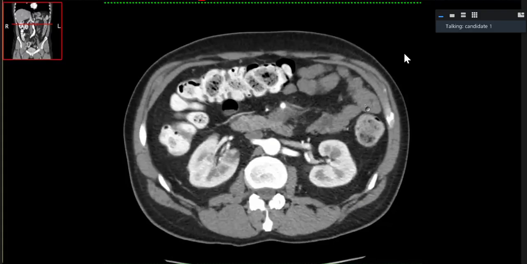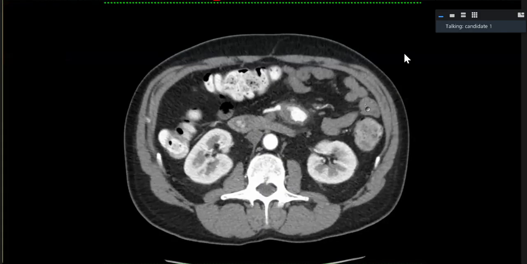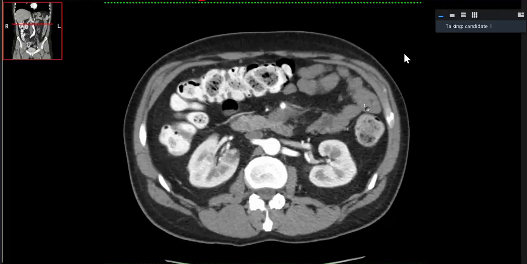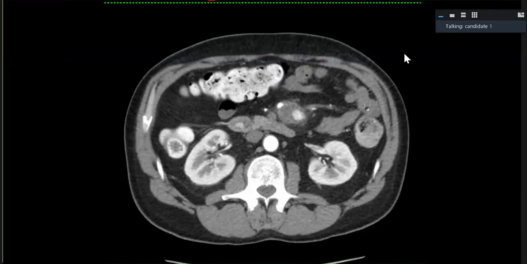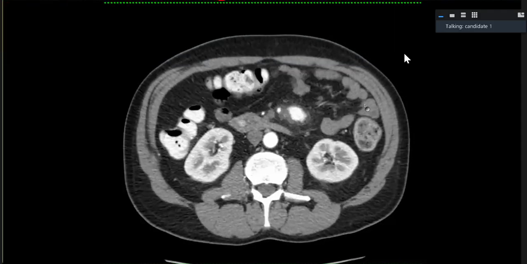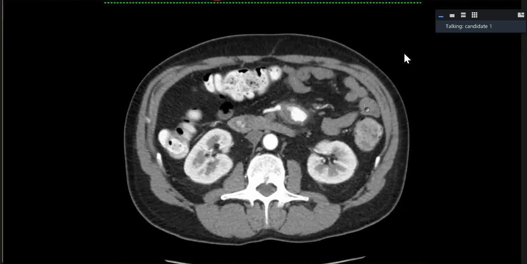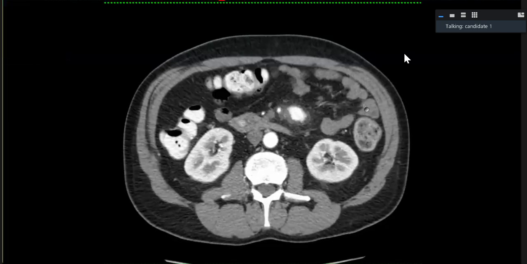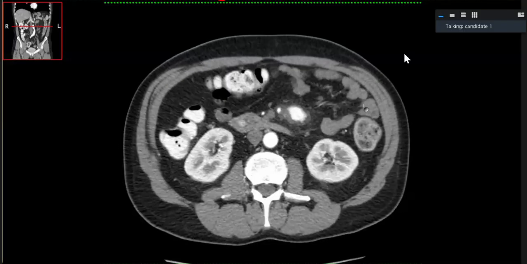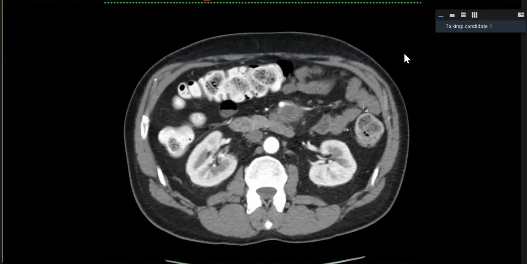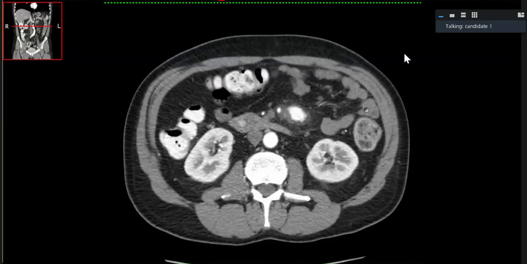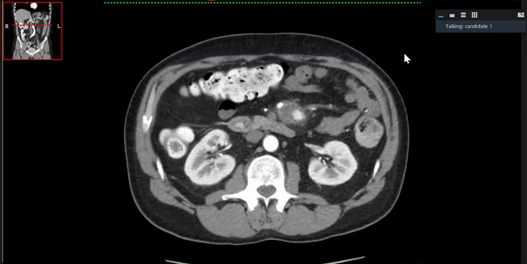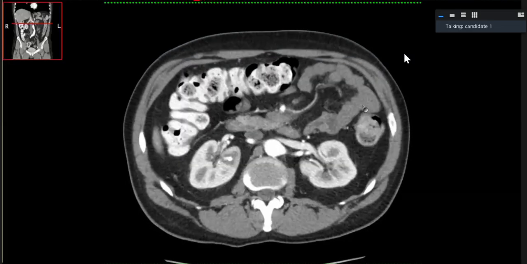This is a hyperenhancing focal area, maybe with a leakage of contrast from underlying vessels. However, I cannot see a specific dilated vessel or dilated aneurysm.